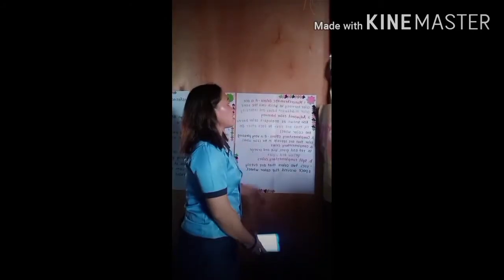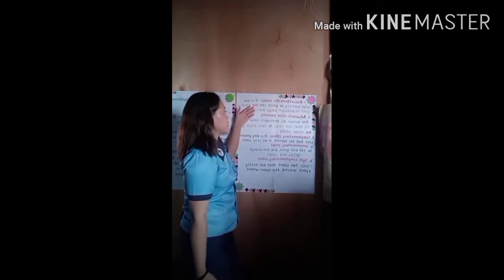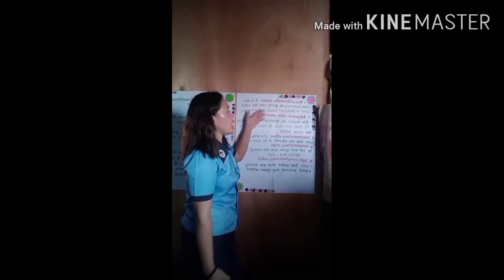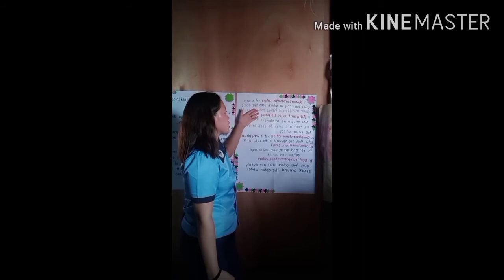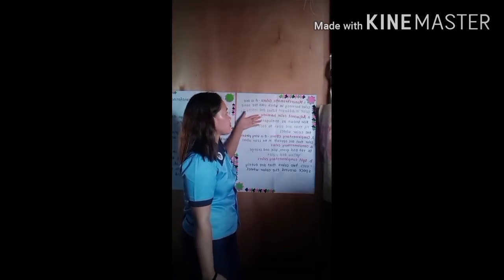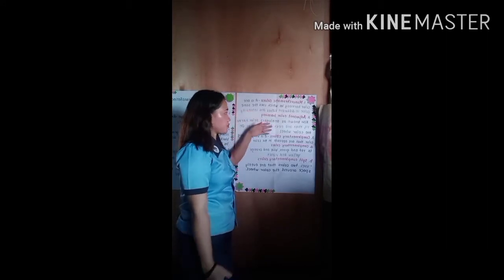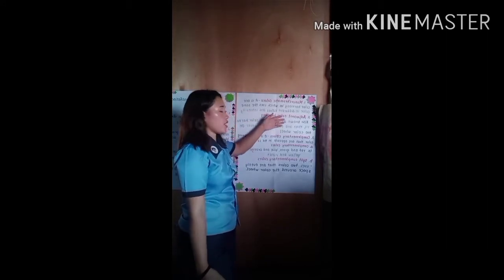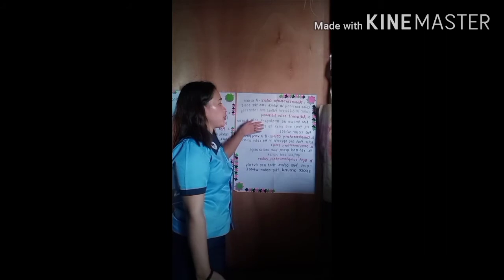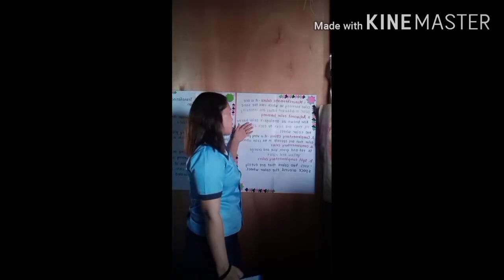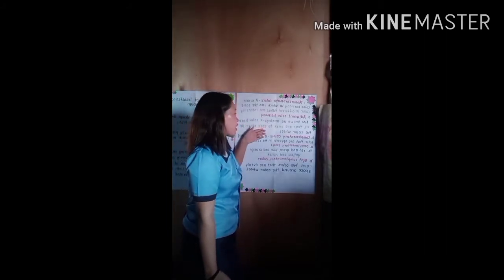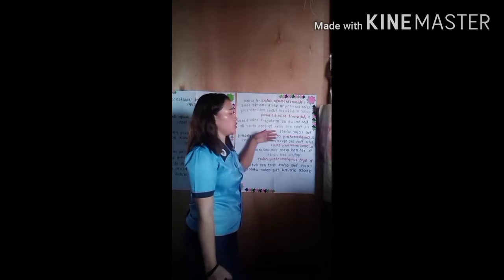Next is the monochromatic colors. It is one color harmony which uses the same color in different values and intensity. Adjacent color harmony, also known as analogous color harmony, uses colors that are next to each other on the color wheel.